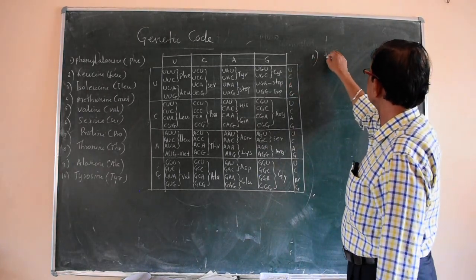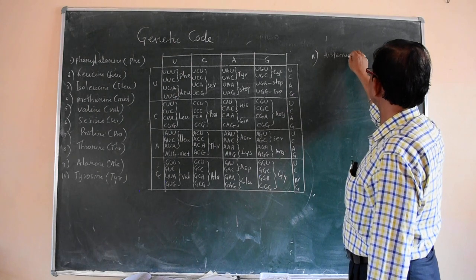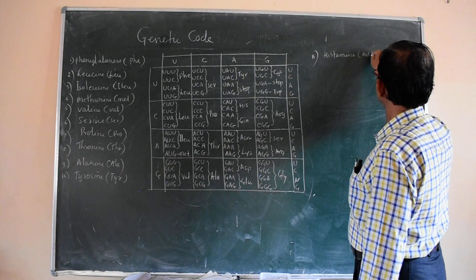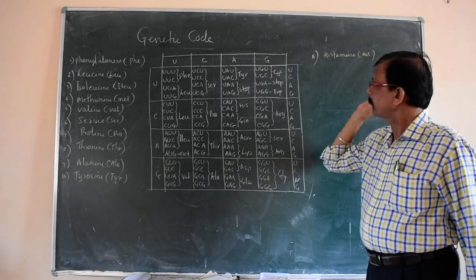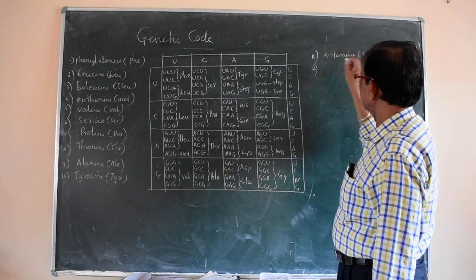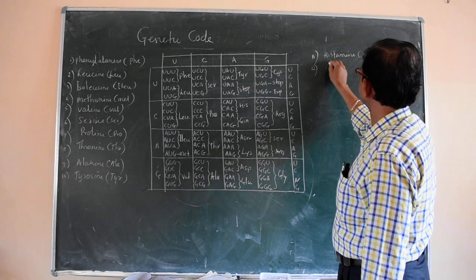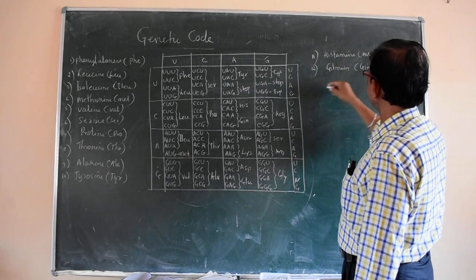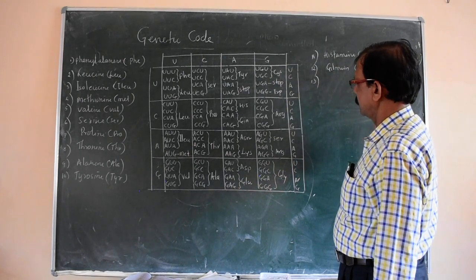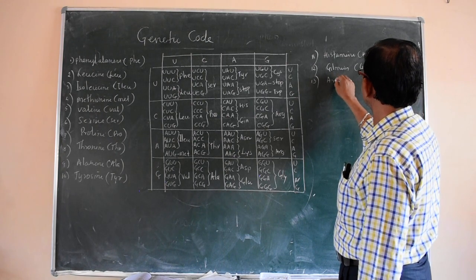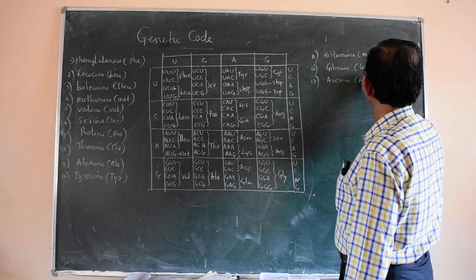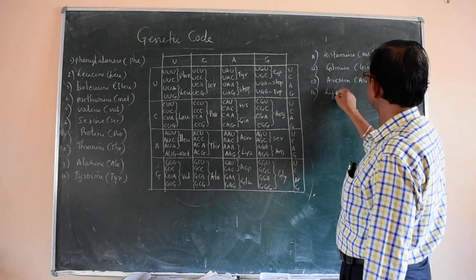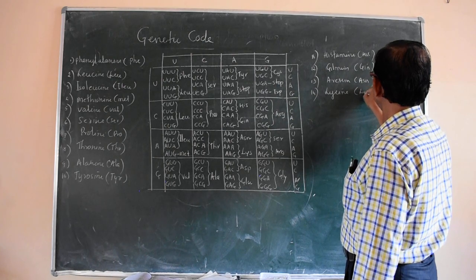The eleventh is histidine, HIS. Next, glutamine, GLN. Next, asparagine, ASN. Next, lysine, LYS.